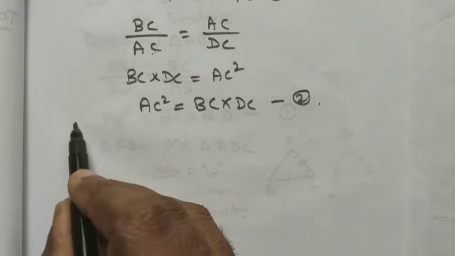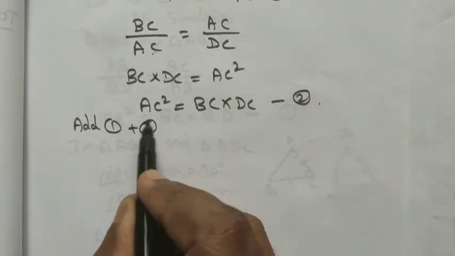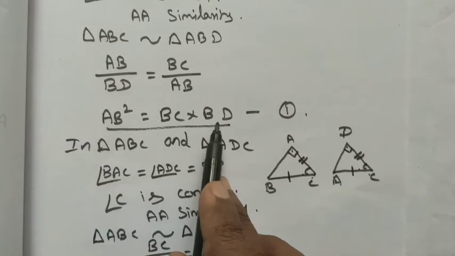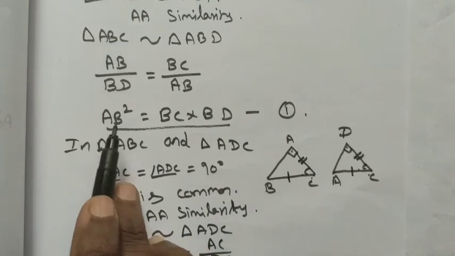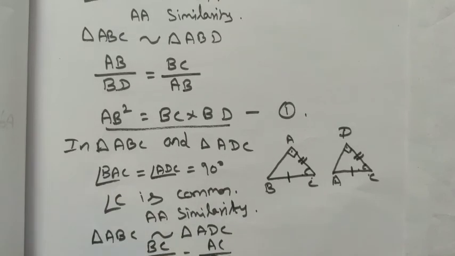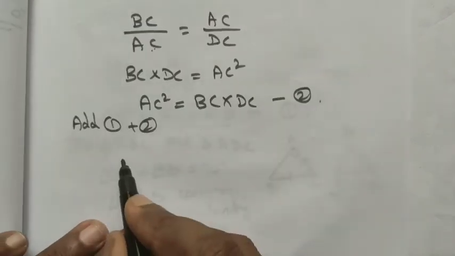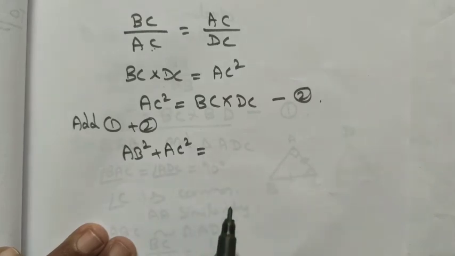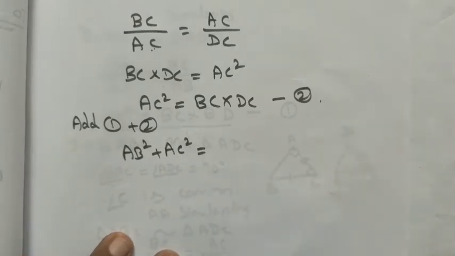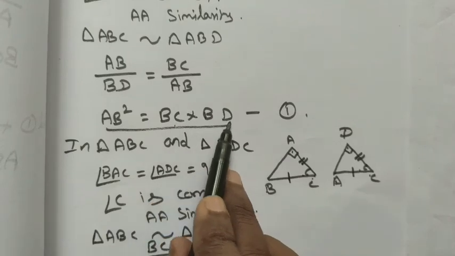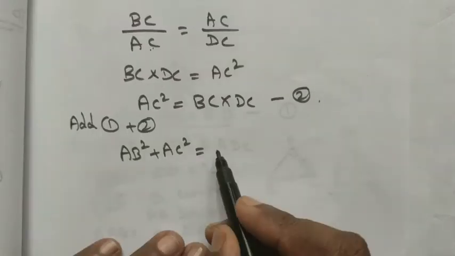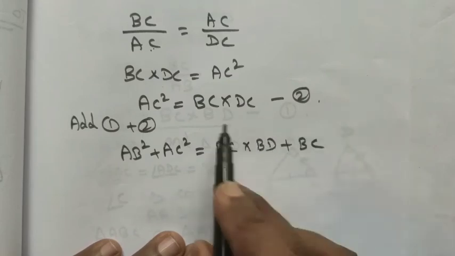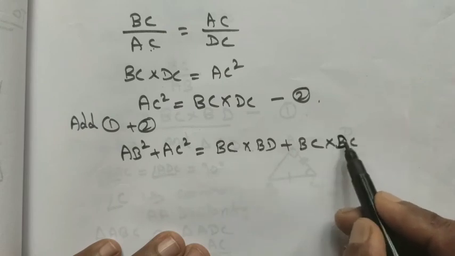Now adding equation number 1 and equation number 2. Equation number 1 is AB square is equal to BC into BD. Adding the LHS of the second equation, AB square plus AC square is equal to BC into BD plus BC into DC.